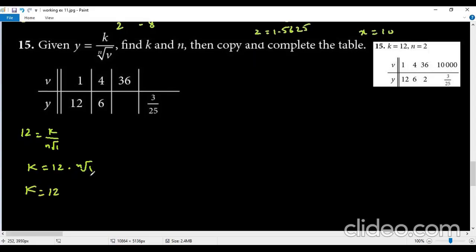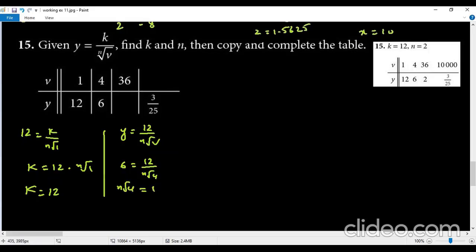Now we'll find out the value of n. I'm using the same formula. y equals k over n radical v. Now I'm using the second values. y equals 6, k is 12, and the radical v is 4. Now I will exchange over here.